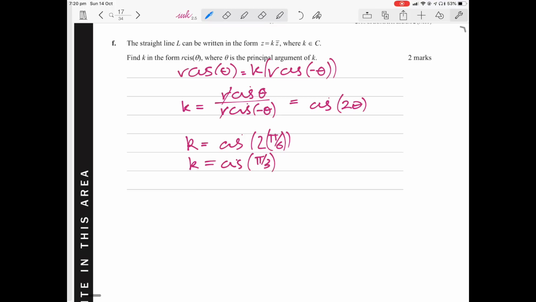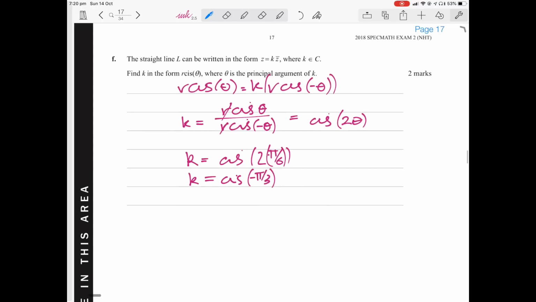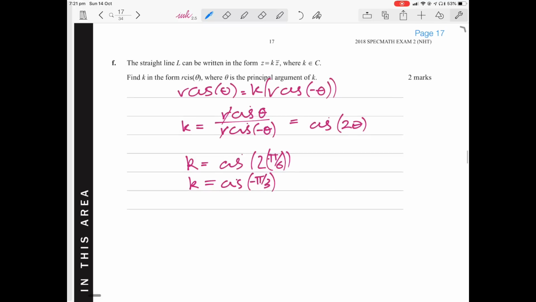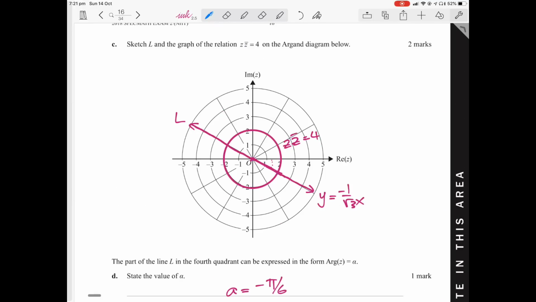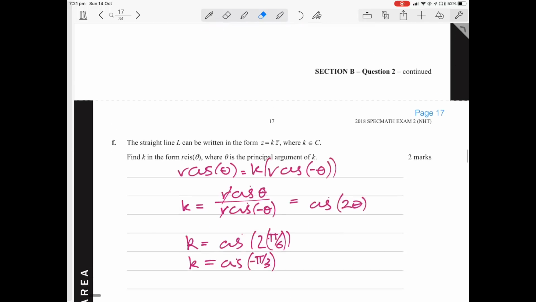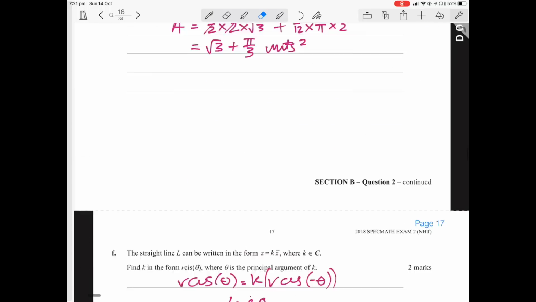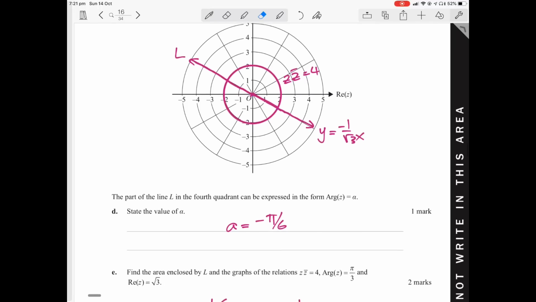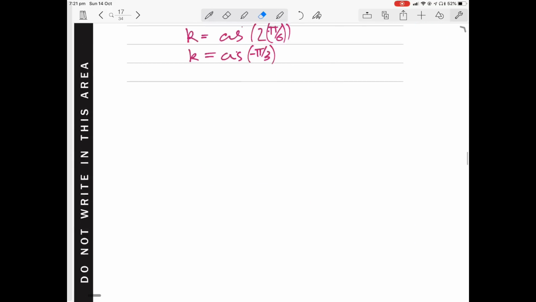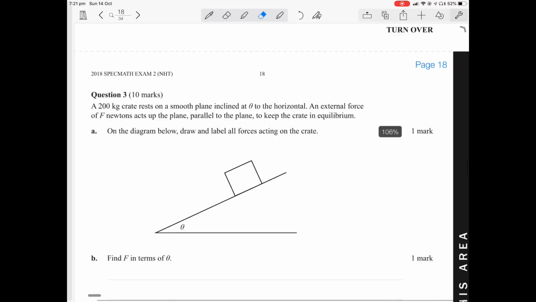So K is equal to cis of, it's negative pi on 6, so it is cis of negative pi on 3. That makes sense because it's rotated negative pi on 3. Just thinking, you couldn't give the argument as 5 pi on 6 because if you multiplied it by 2, then it would give you the wrong angle. It isn't within the domain that's required.